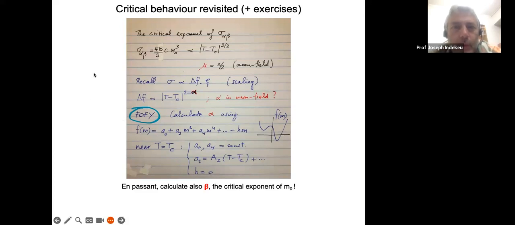So let us come back to our result for the interfacial tension. That is this expression here, which is proportional to m0 to the power 3. And so we see that the critical exponent of the interfacial tension is 3/2 in this mean field theory.